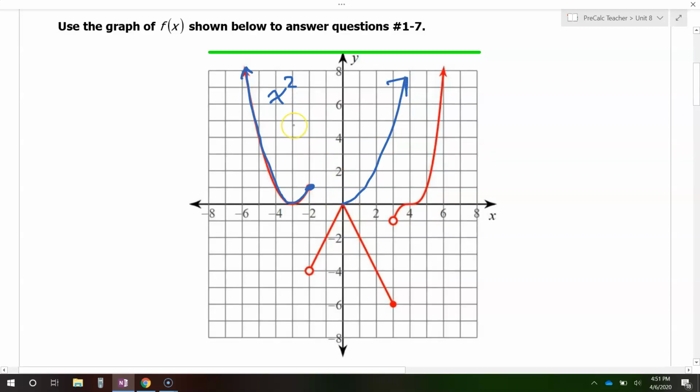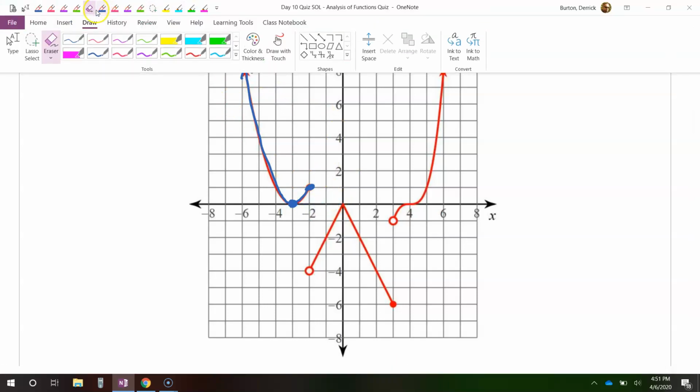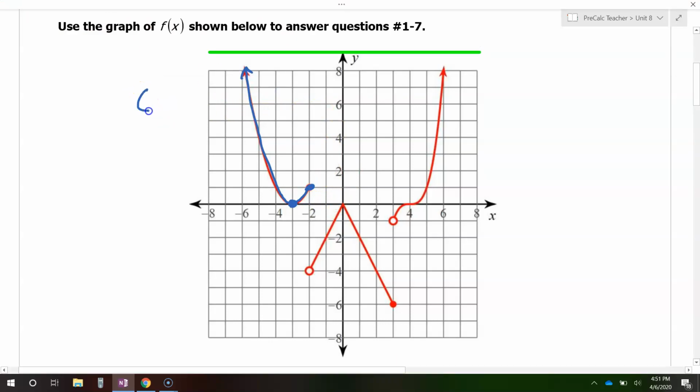Now, you can see that instead of being at the origin, this piece of a parabola has been shifted over 3 units to the left. So now the vertex is here at -3, 0, but it's been shifted 3 units to the left. Because of that, instead of simply x squared, what I have is x plus 3 squared.